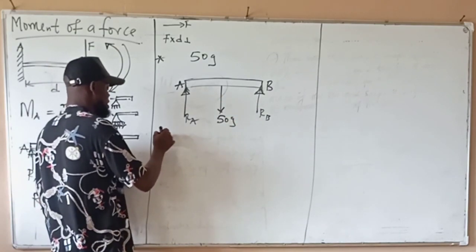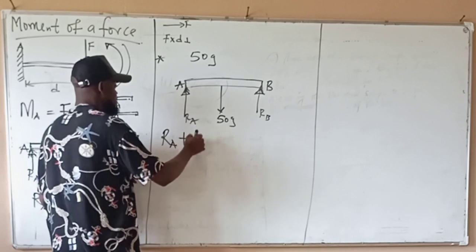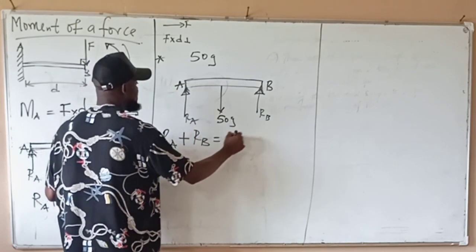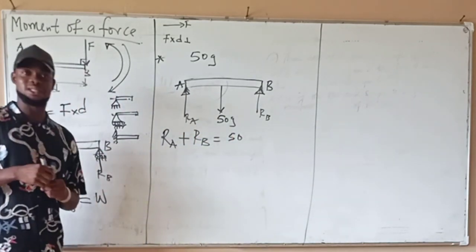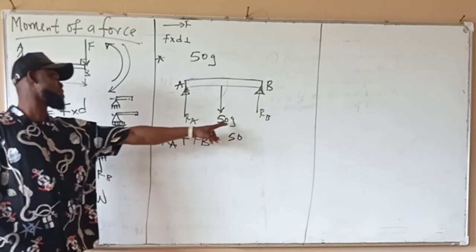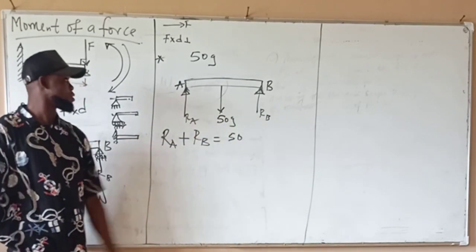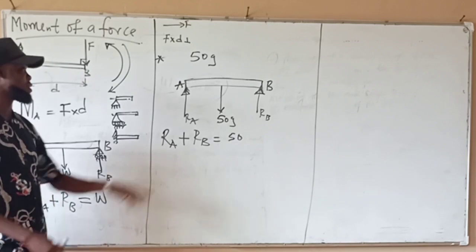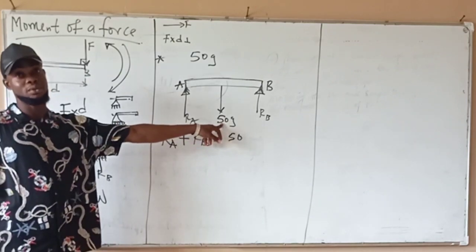The reaction at A plus reaction at B will equal 50. Why? Because we were told it's in grams, so we can convert this to Newtons.